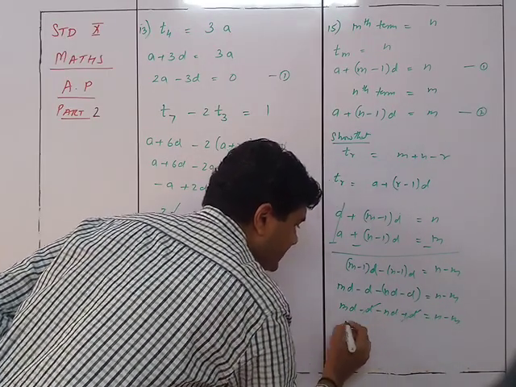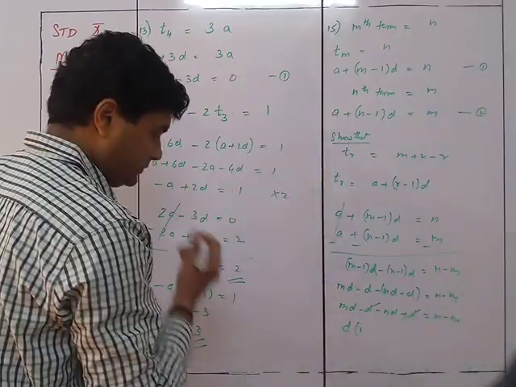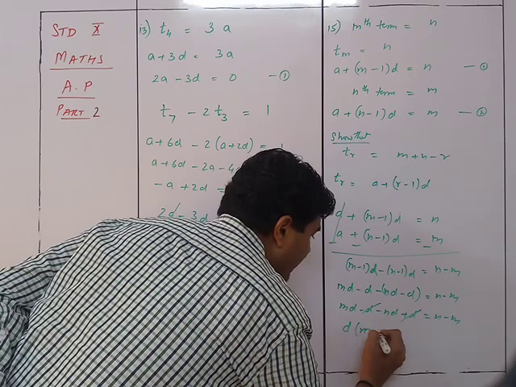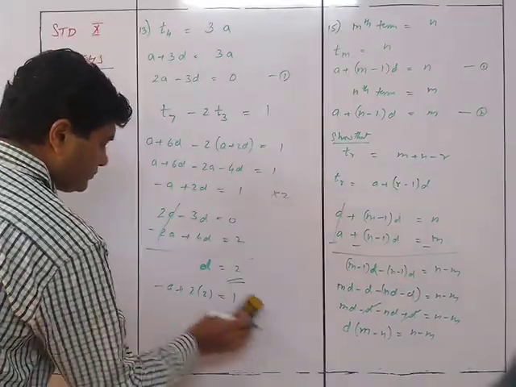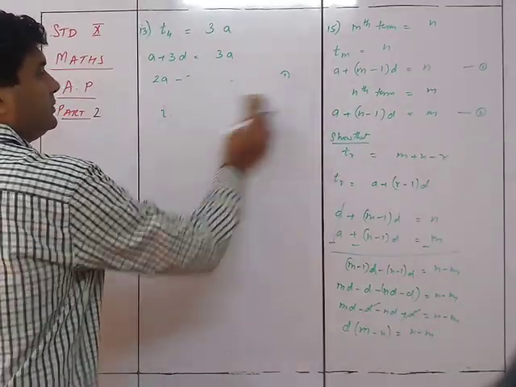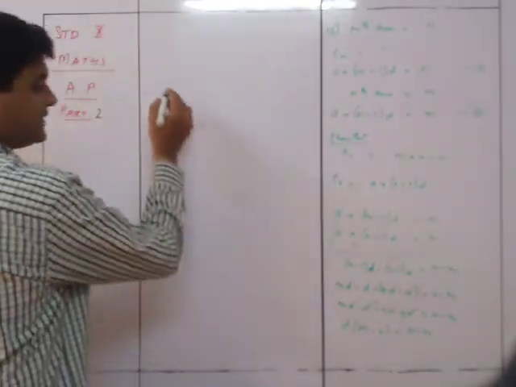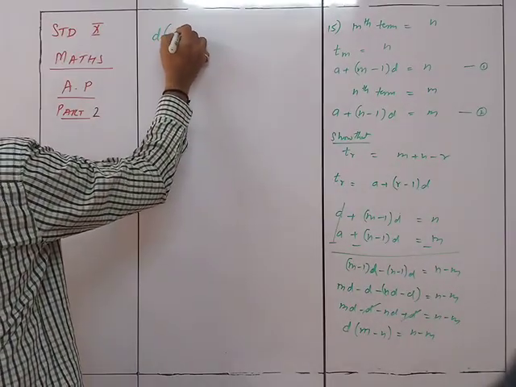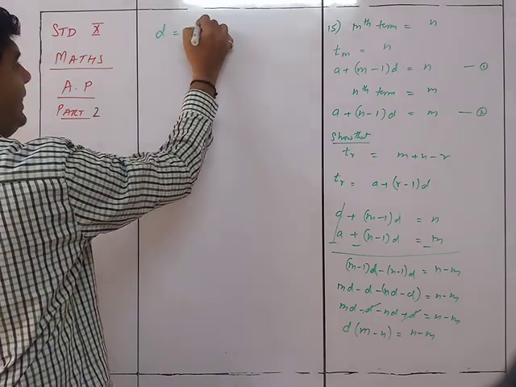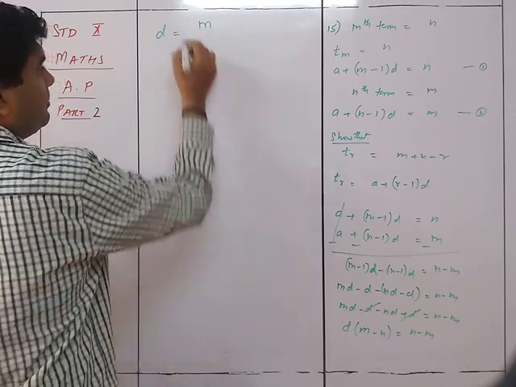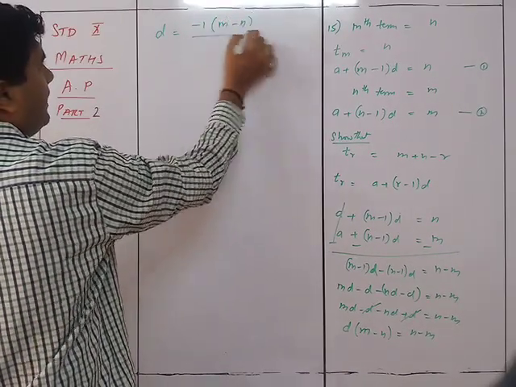So d is equal to minus 1 times (m minus n) upon (m minus n).